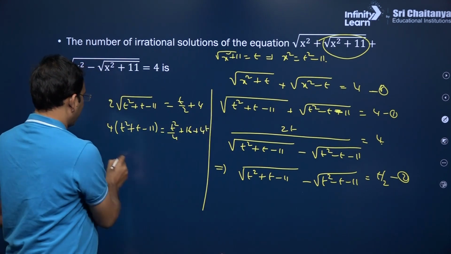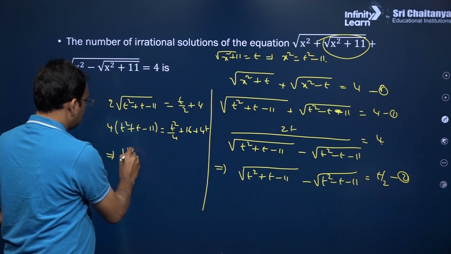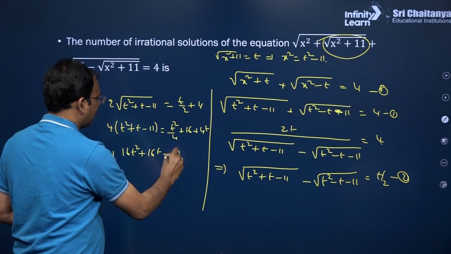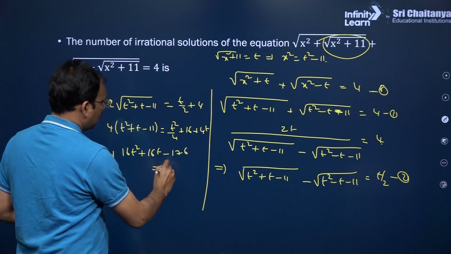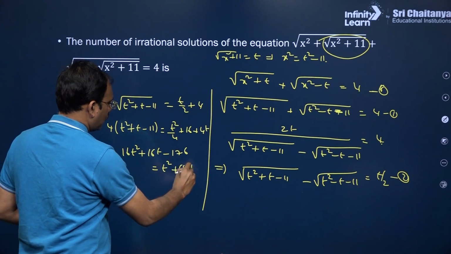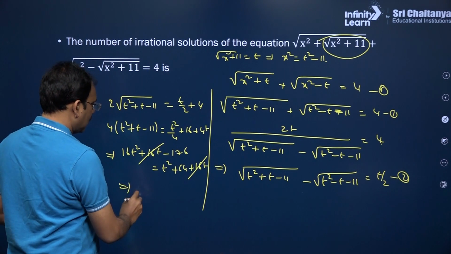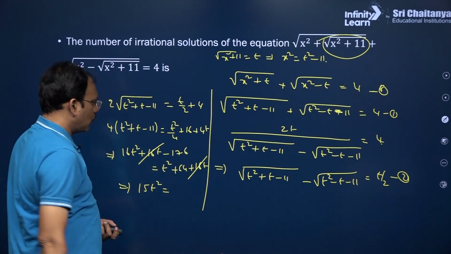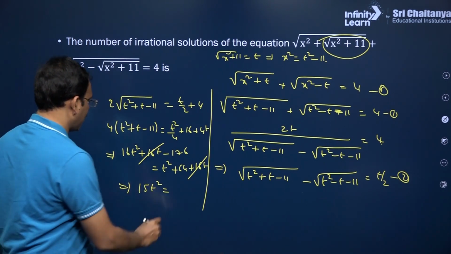Now, you can simplify, my dear friends. You just multiply with 4, this is 16t square plus 16t minus 176 is equal to t square plus 64 plus 16t. You can cancel 16t, my dear friends. So, this is going to be 15t square is equal to 240.